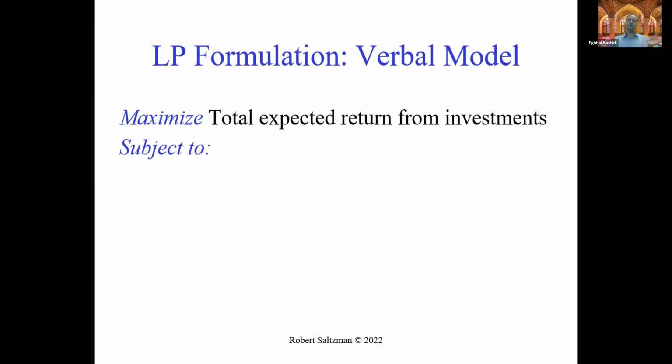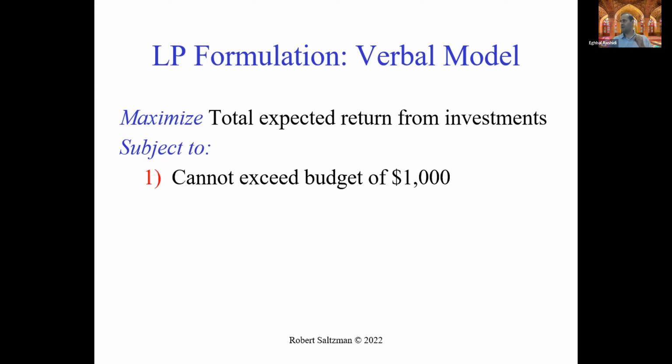So now we can verbally list the set of constraints. One of the first constraints is the budget constraint. Our investment cannot exceed our budget, which is $1,000.